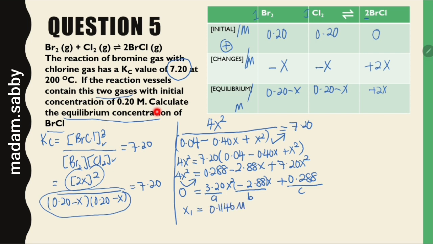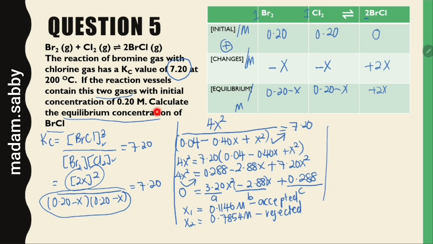Leave it up to 3 to 4 significant figures. And x2 to be 0.7854 molar. The smallest x value will be accepted. So you write down accepted, and the other x value will be rejected. You have to label your answer. Which one did you accept and which one did you reject?